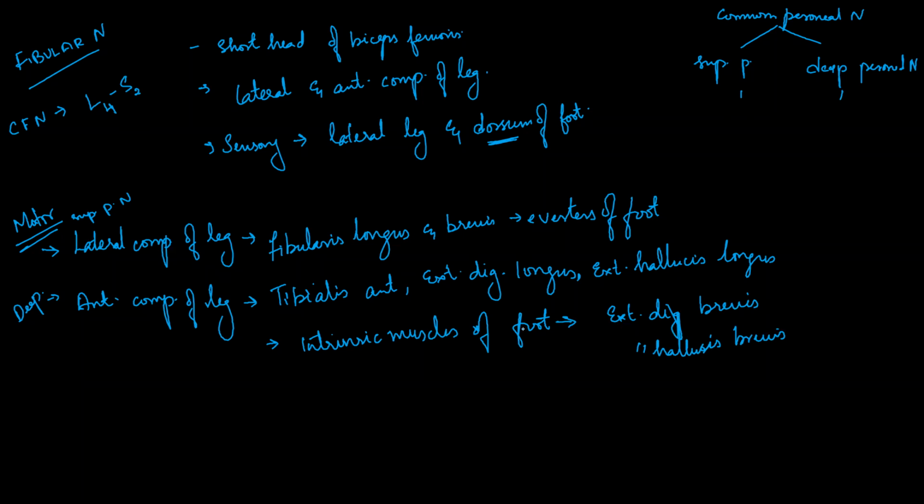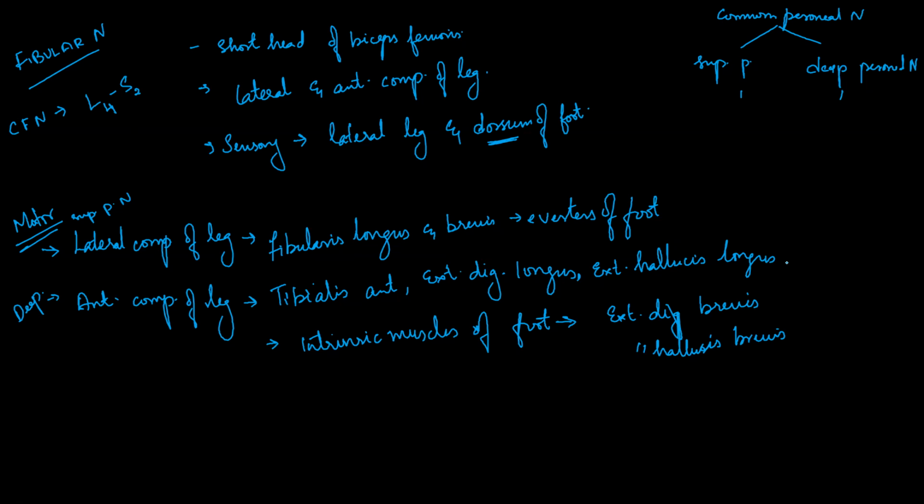These are the two intrinsic muscles of the foot which are supplied by the deep peroneal nerve. The superficial peroneal nerve supplies the lateral compartment of the leg, that is fibularis longus or peroneus longus and brevis, and the deep one supplies the anterior compartment of the leg. The muscles are tibialis anterior and extensor digitorum longus and extensor hallucis longus.